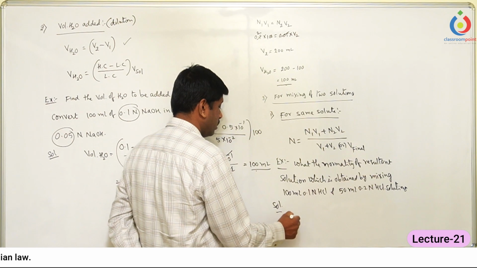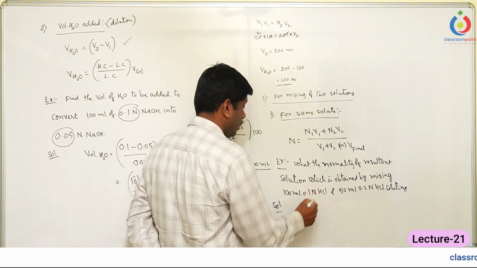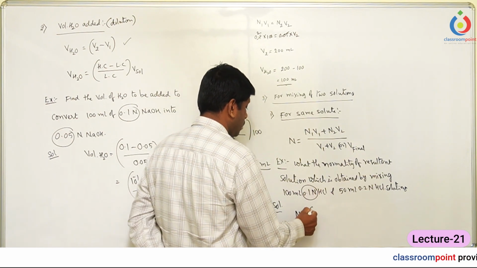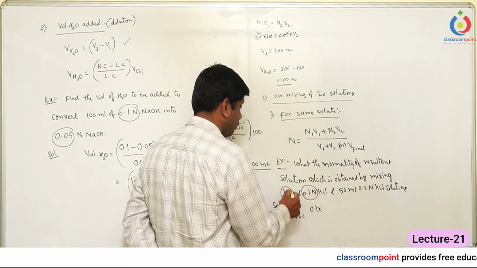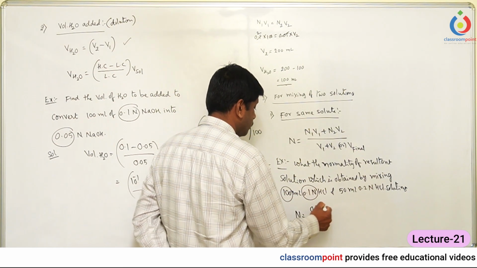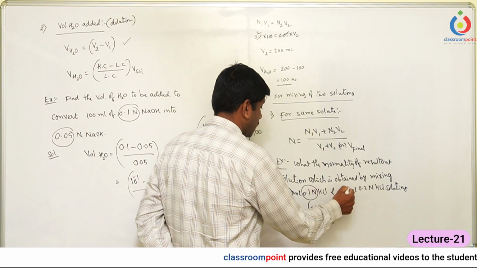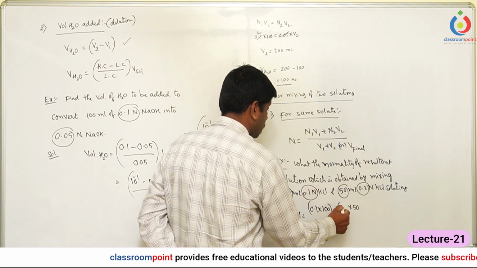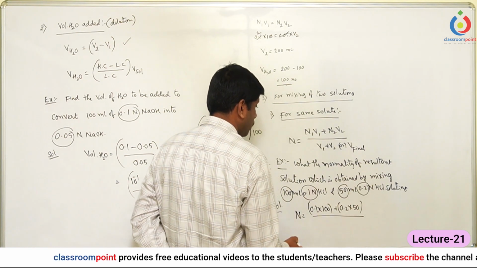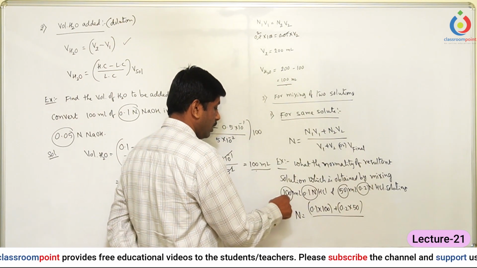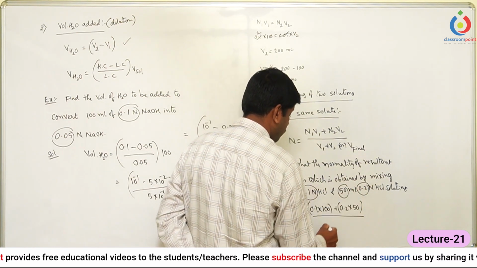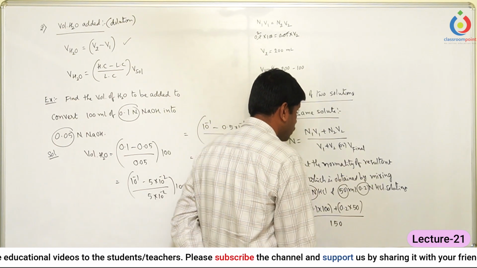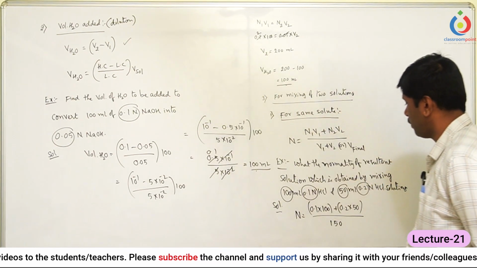Let us try to solve this. Final normality equals the first solution's normality 0.1 and its volume 100, plus the second solution's volume 50 ml and its normality 0.2, divided by V1 plus V2. V1 is 100 ml, V2 is 50 ml, so this value equals 150 ml.